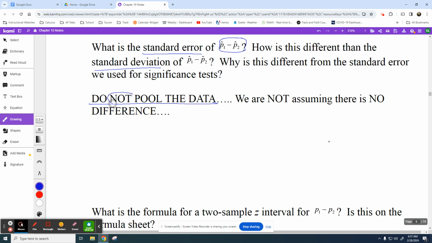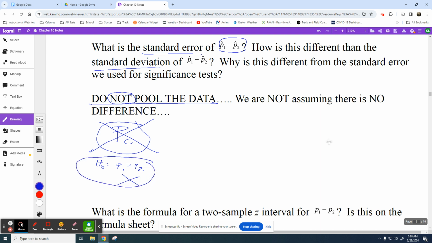So we will not use the pooled probability of the combined. Why? We're not assuming there is no difference. As we talked about yesterday, the reason we did this is we were assuming in H0 that p1 equals p2. That is not happening here in our confidence intervals.